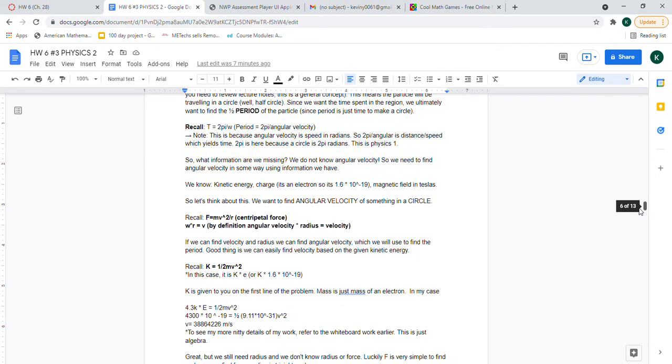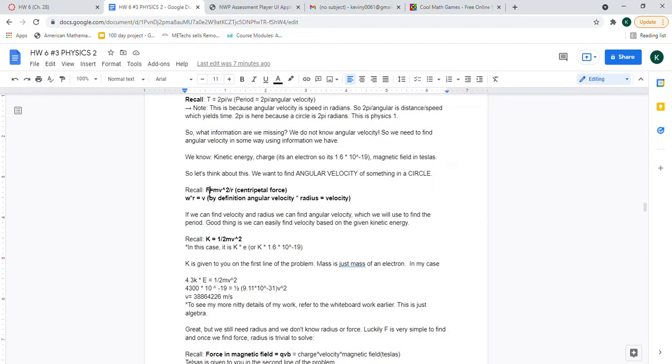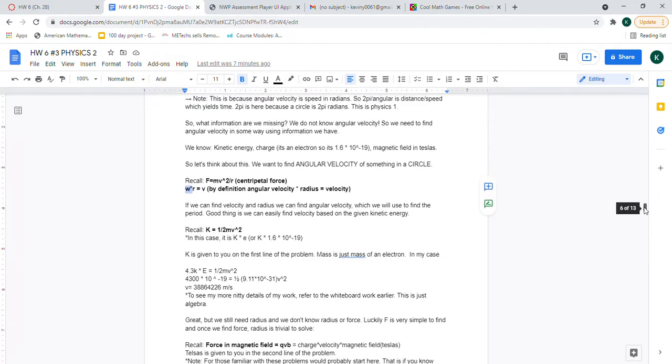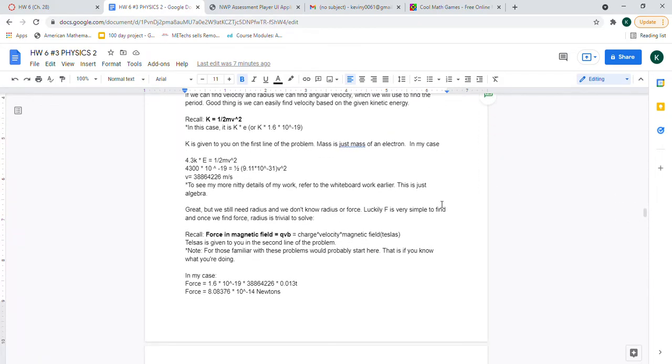So now we are still missing force and radius. The reason why we're solving this is because we want the radius so we can take our velocity to find our angular velocity. So to find radius, we need force. Well, luckily, force is pretty easy to find. This is probably the most general formula that first came from Physics 2 that you'll have to know: force in a magnetic field equals charge times velocity times magnetic field in Teslas.